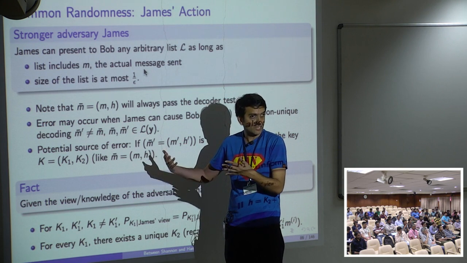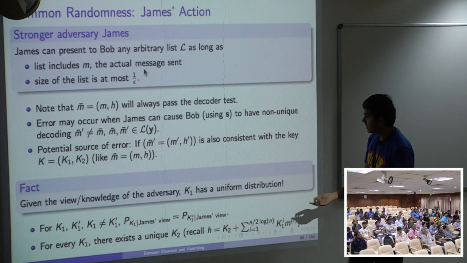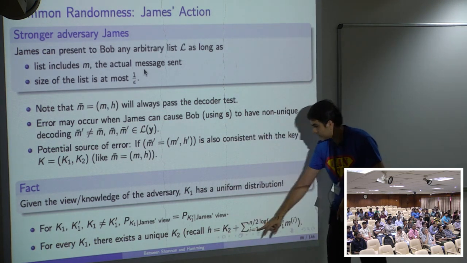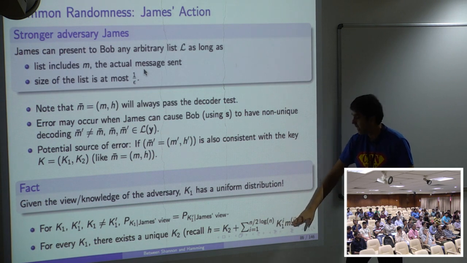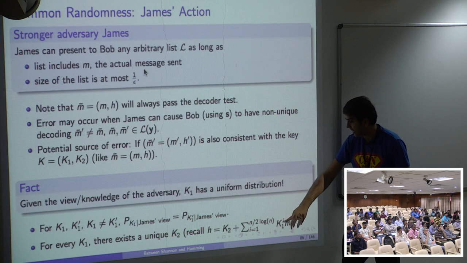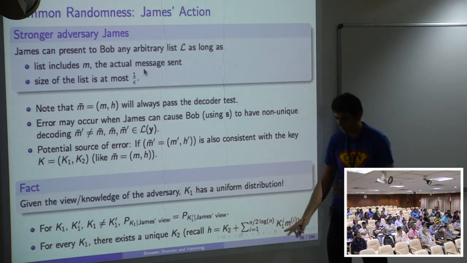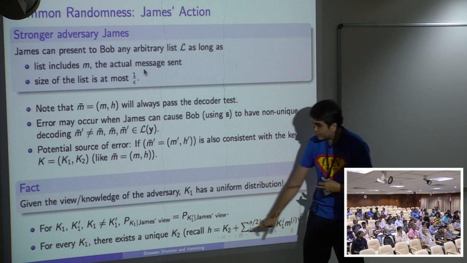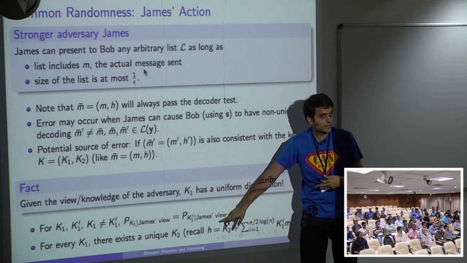We really should be careful about this, right? So the point is, since the hash is equal to K2 plus this polynomial of K1 times the message, he knows the message, right? A priori he doesn't know this, but he knows H. So K2 and K1 are potentially unknown. So the point is, for any K1 that Alice could have chosen, there is always going to be a unique K2 that will make this equation be satisfied, right?